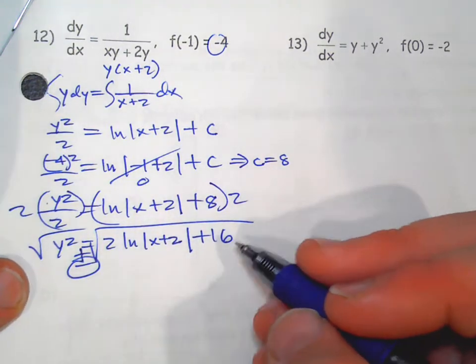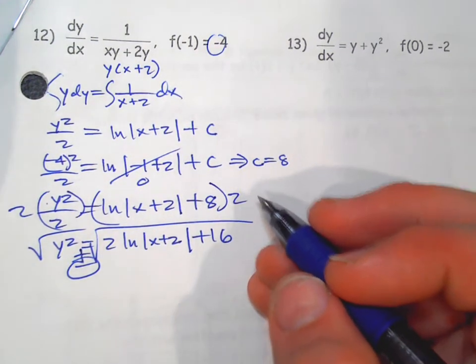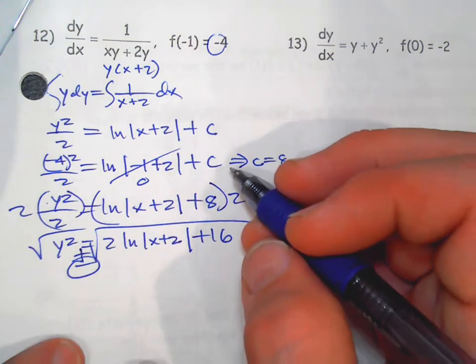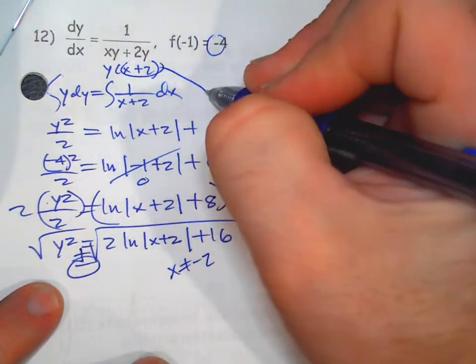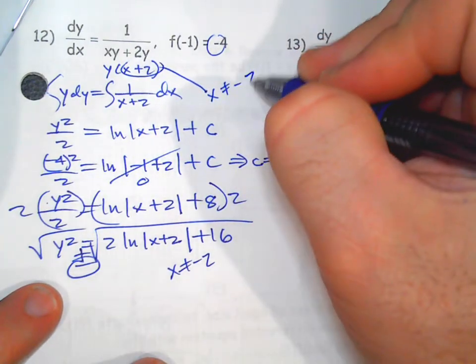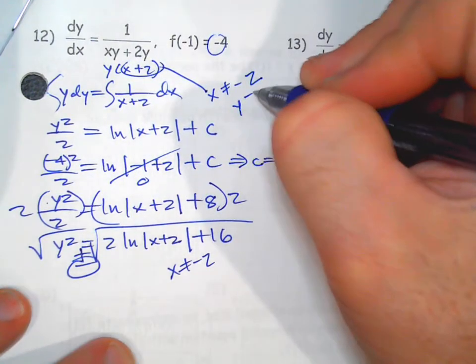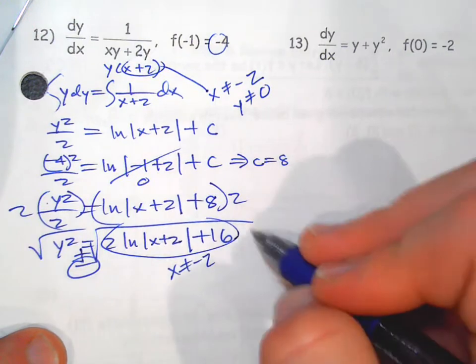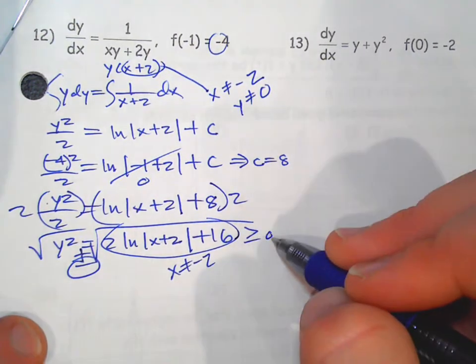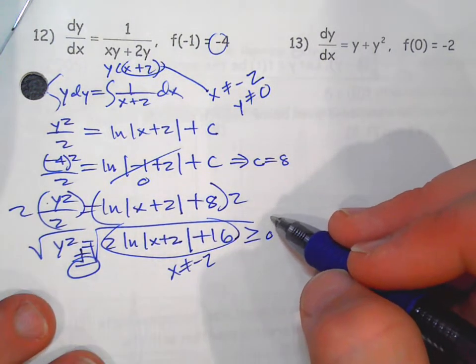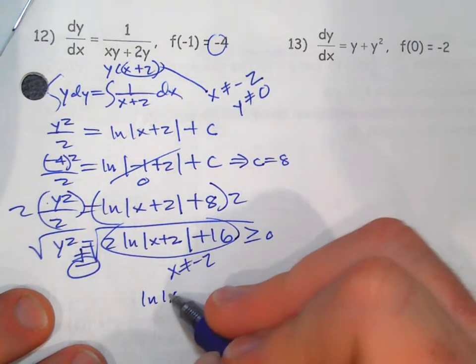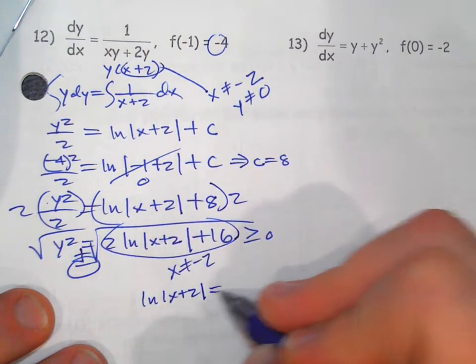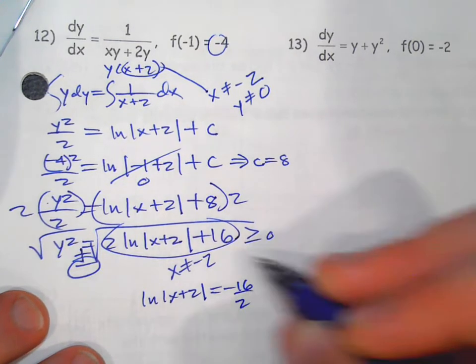Now, there's multiple issues here for domain. Here, x cannot equal negative 2. Here also, x cannot equal negative 2. y can't equal 0. The inside of this has to be greater than or equal to 0, which is going to come from the same thing as saying y equal to 0. So we got to solve this. Natural log of the absolute value of x plus 2 equals negative 16 over 2.